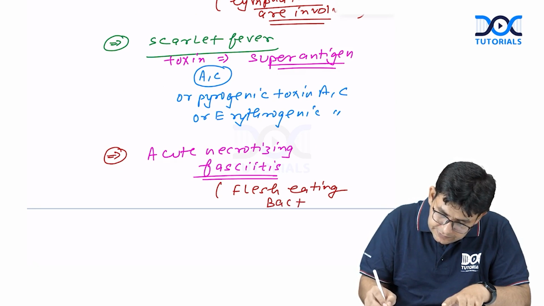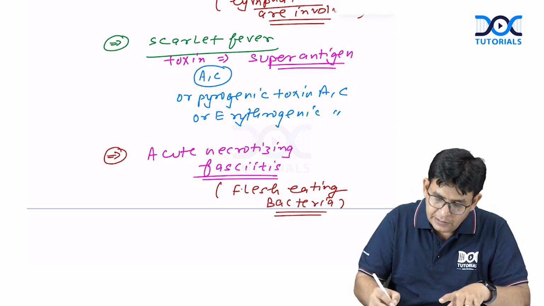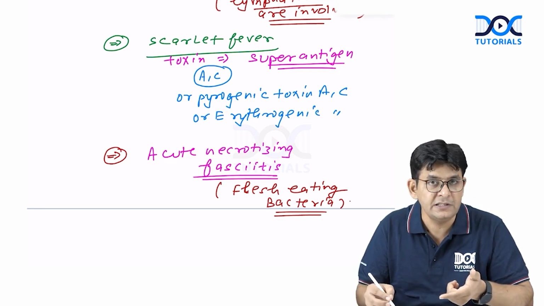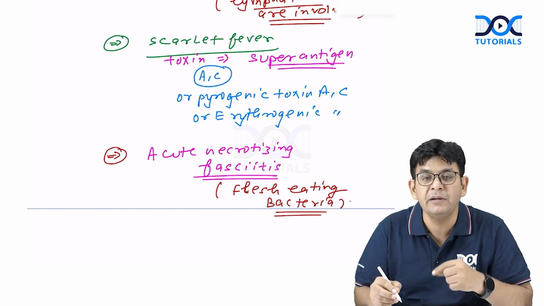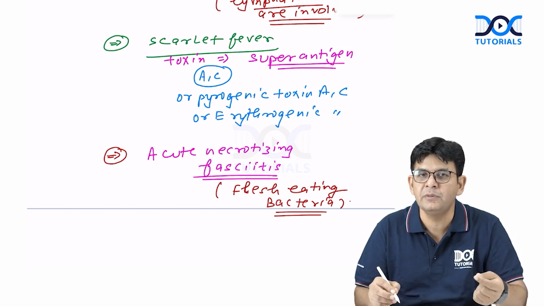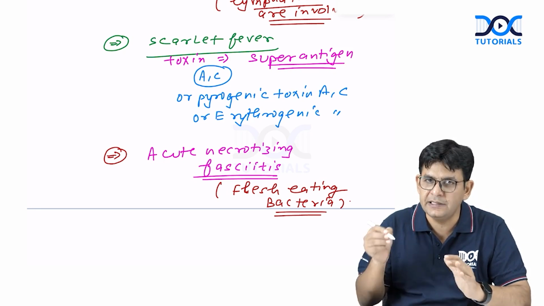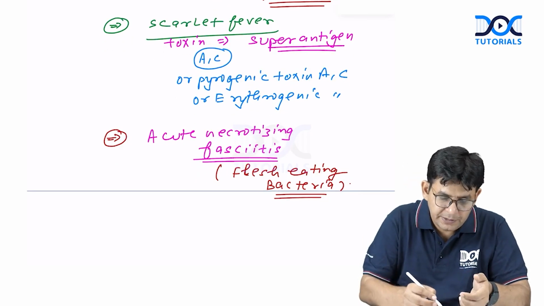Another All India question, which particular bacteria is termed as flesh-eating. Now here the question comes: is flesh-eating necrotizing fasciitis only done by Streptococcus pyogenes? No, it can be done by staph also. But the majority is being done by what? Streptococcus pyogenes. And that's why the flesh-eating bacteria is Streptococcus pyogenes only. Okay. So this also needs to be remembered.